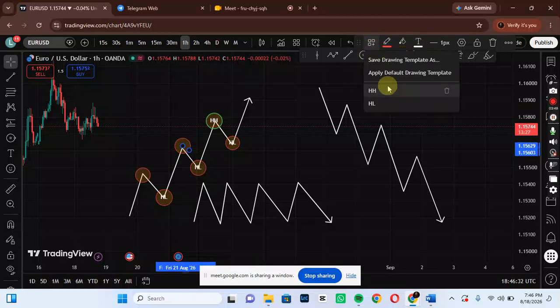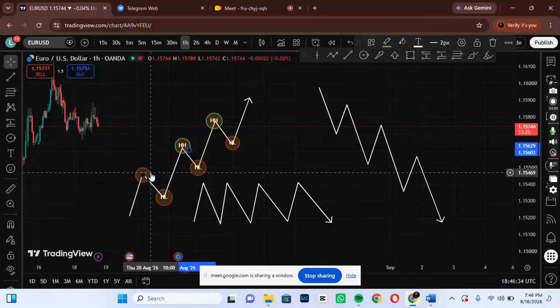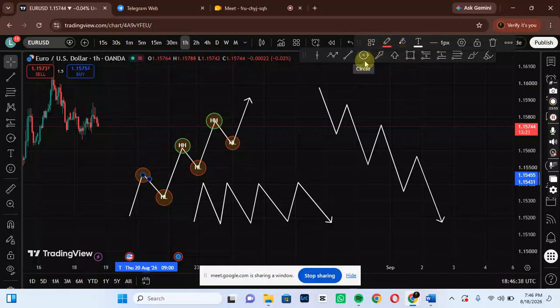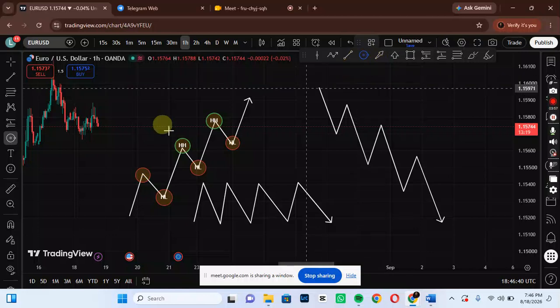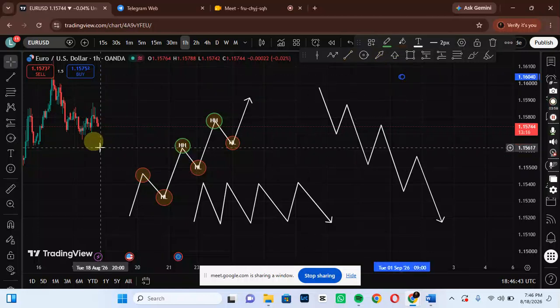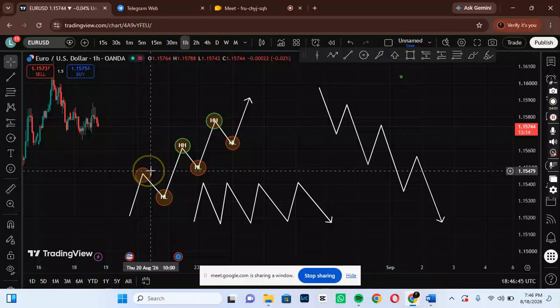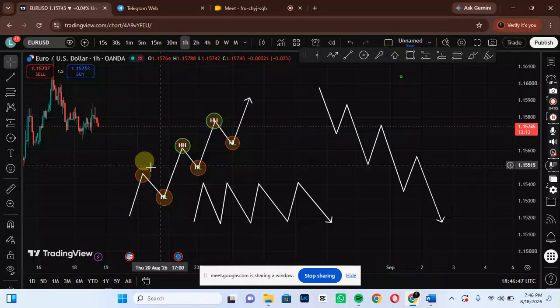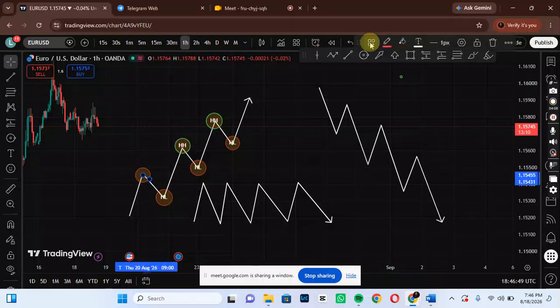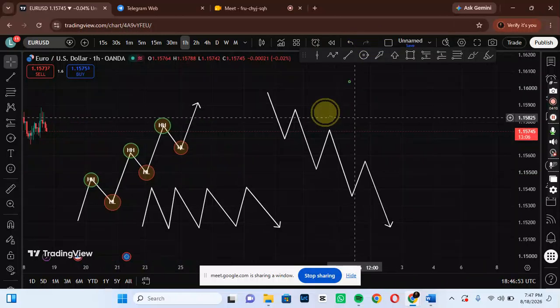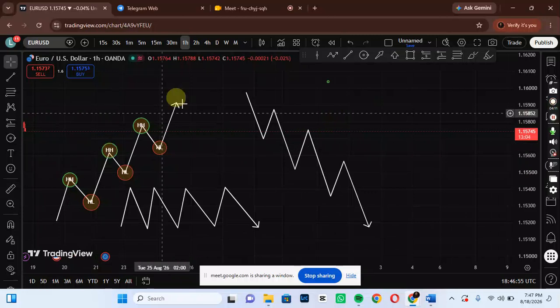As you can see, as I'm changing this, it's turning green, showing that it's going up, and red showing that it's down. So now we have the higher highs, and we have the higher lows.